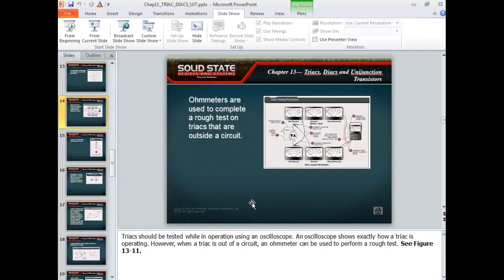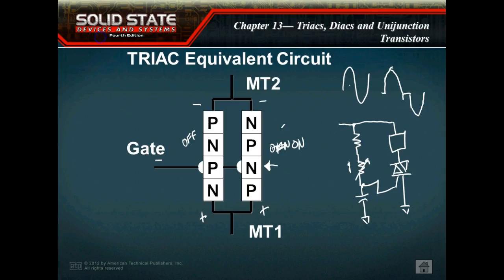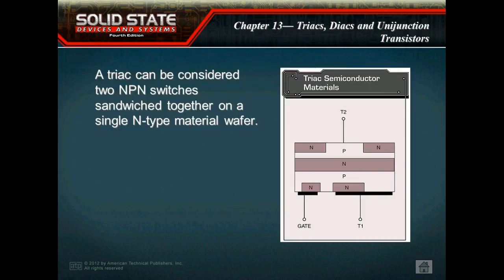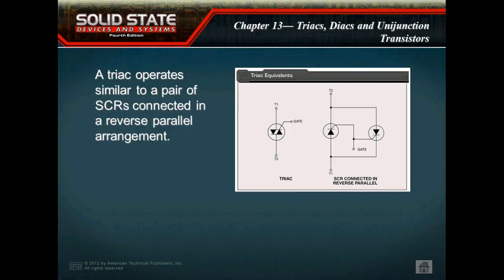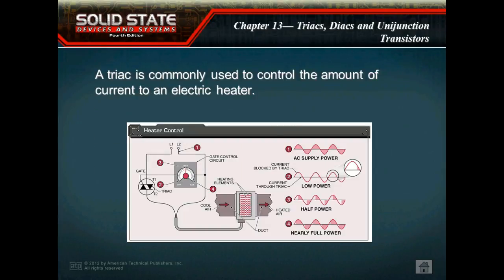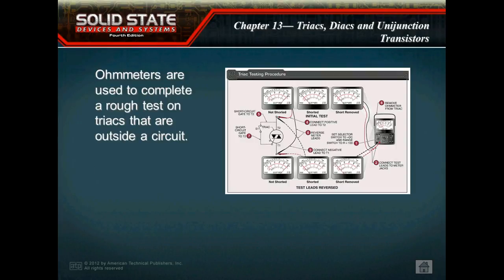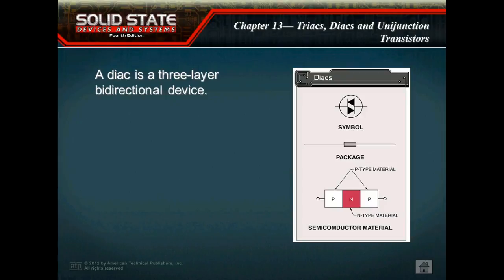So here's where it covers diacs. This is where the book covers. This is the actual makeup. It's not very important. This right here is the best diagram that I've ever seen. That's why I stuck it in there. The diac is exactly the same thing.